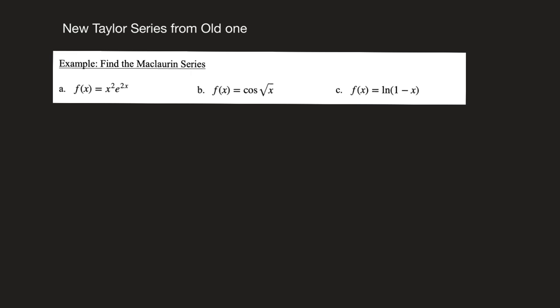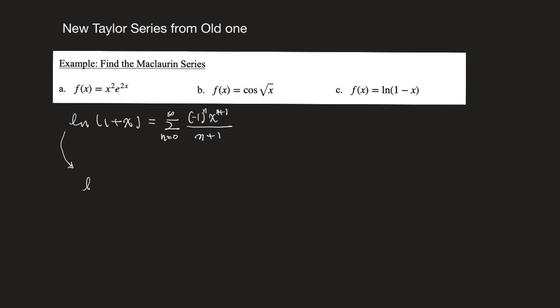Now, ln(1 + x), as we found in the previous session, is the summation n equals 0 to infinity of (-1)^n x^(n+1)/(n+1). That's what you found. Now, how are we going to find ln(1 - x)?